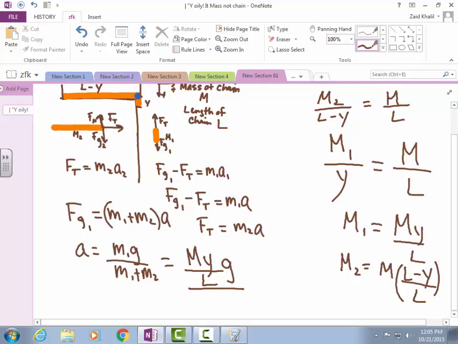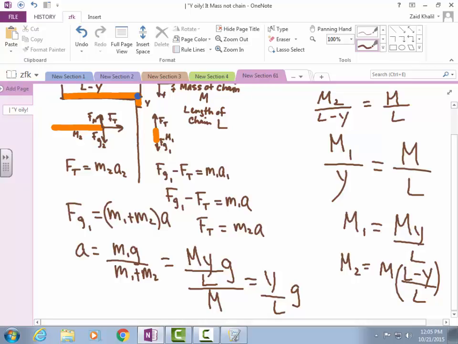That's right. How is it just m? Because m1 plus m2 is the entire chain. And so what do you end up with? Is that uniform? No, it's not. Notice the acceleration is a function of the length of the chain that's hanging over.